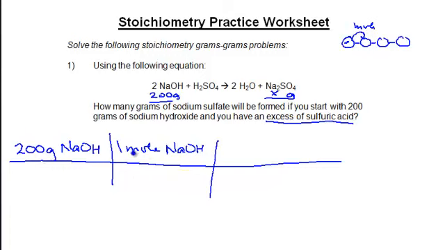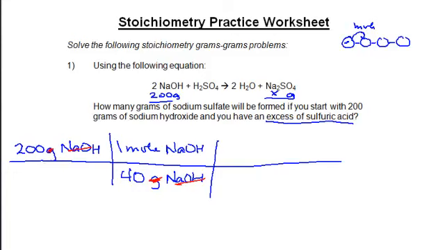The molar mass of sodium hydroxide is 23 plus 1 plus 16, which is 40. So 40 grams of sodium hydroxide. That way this gram here and that gram there of sodium hydroxide cancel out.